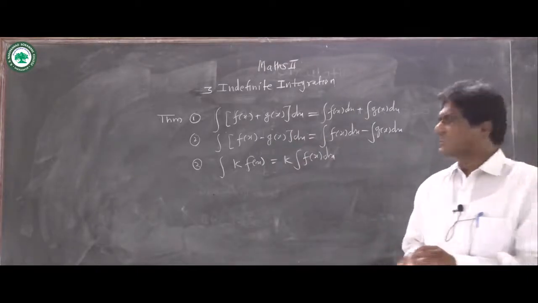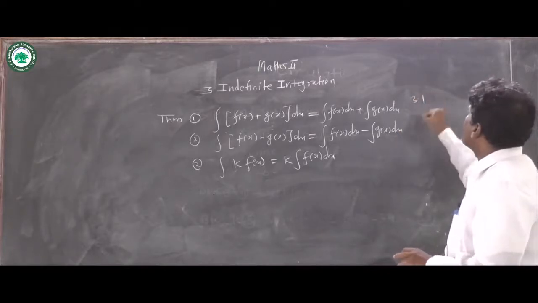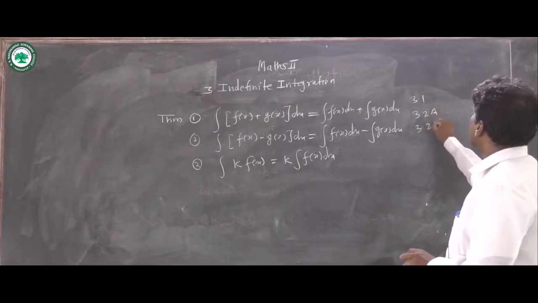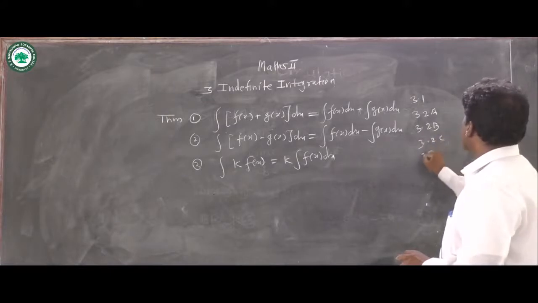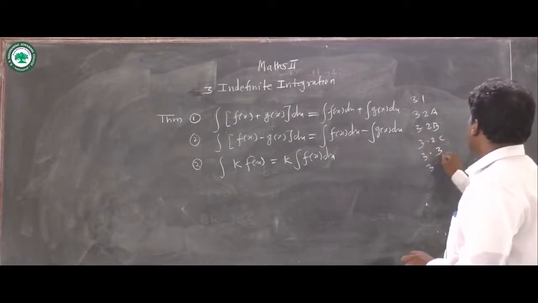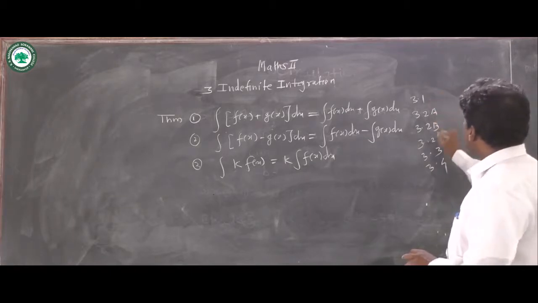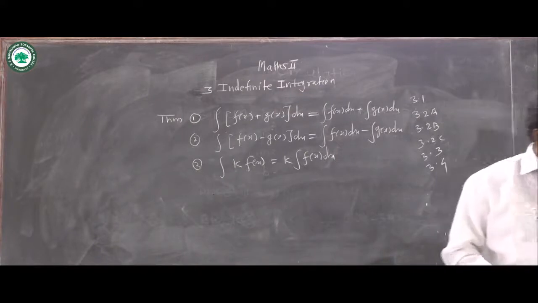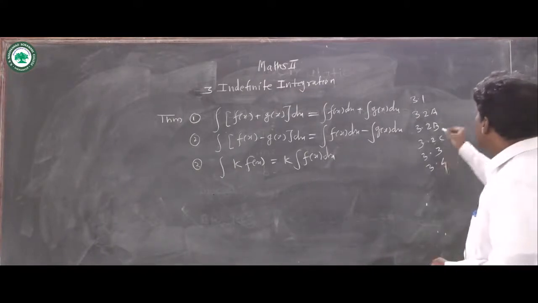Now this chapter contains exercises 3.1, 3.2a, 3.2b, 3.2c, 3.3 and 3.4. These are a total of 6 exercises. So in this chapter we have to learn 6 exercises in the new syllabus.